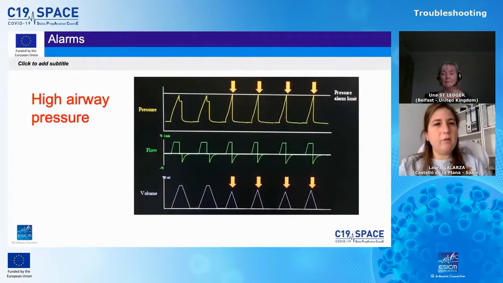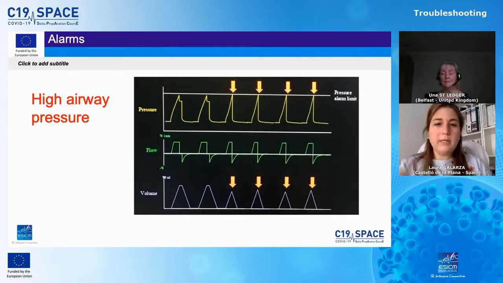The most common alarm is the high airway pressure. Here in this picture, you can see three waveforms: the pressure, the flow, and the volume over time. In the pressure part, in the first couple of breaths, you see a peak and a plateau, and after the third one there is just a peak.